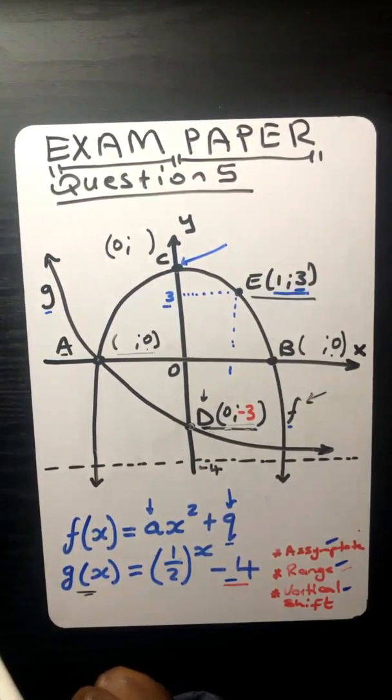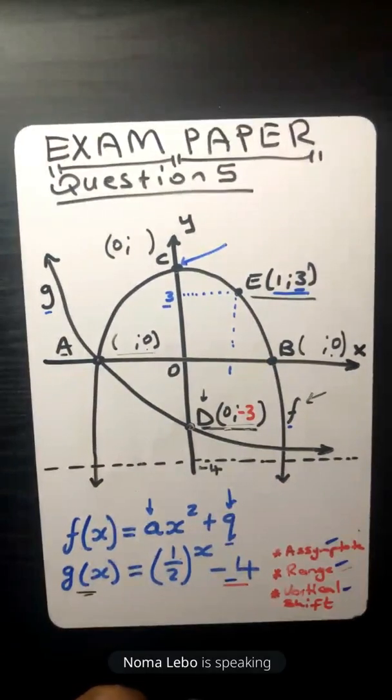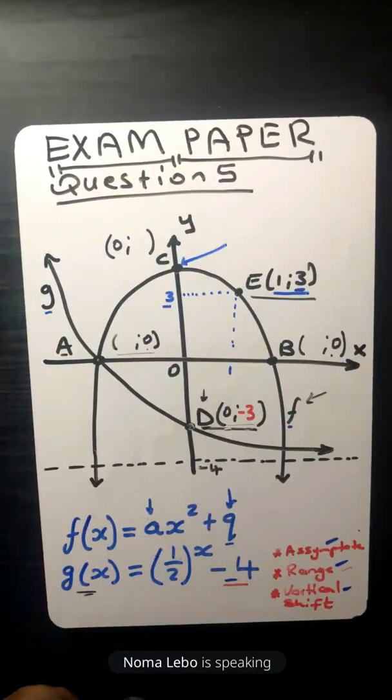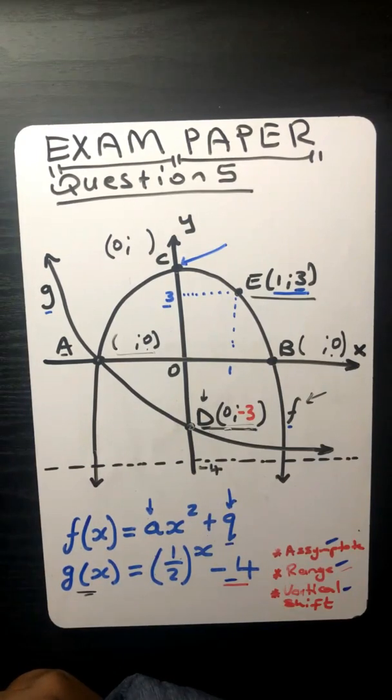So who can we consult? G, sir. Why Bra George? Because for F there are no numbers, and for G we have numbers.